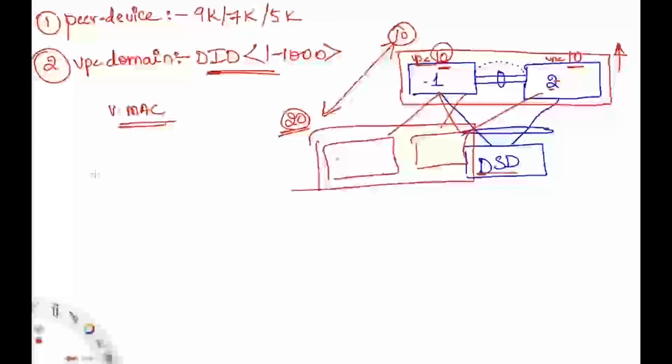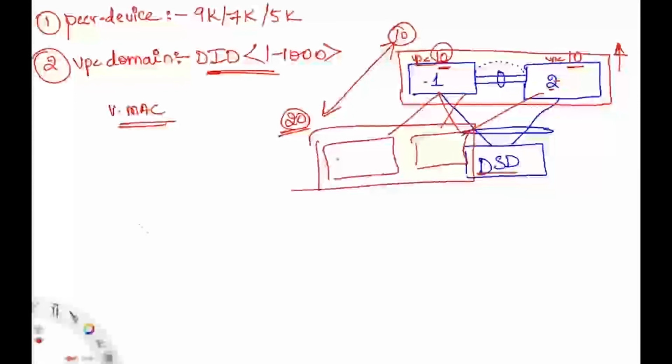If you assign the same domain ID, there is a conflict of the MAC address, so there are going to be a lot of issues in your network. So whenever you configure multiple VPC domains, make sure each has its own unique domain ID so that there is no conflict of this MAC address.